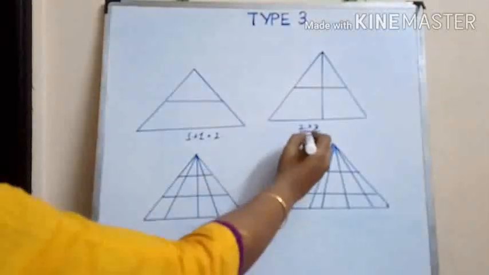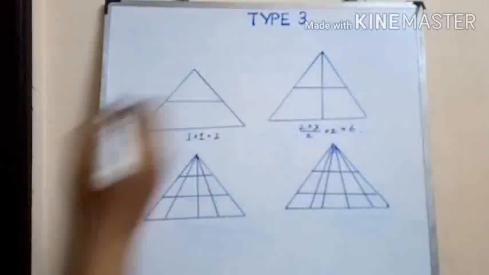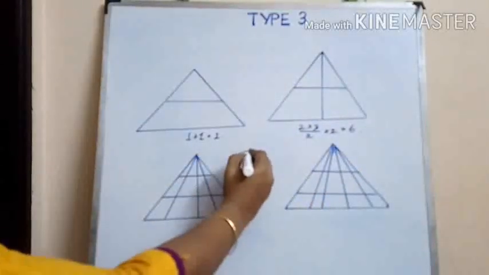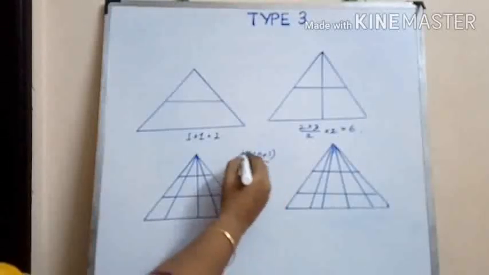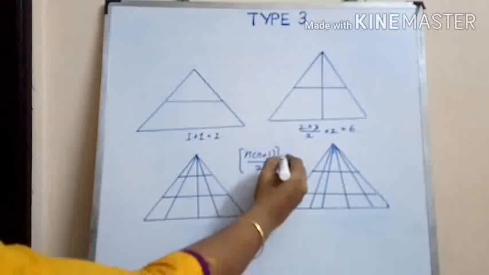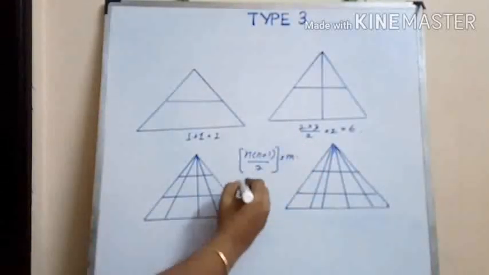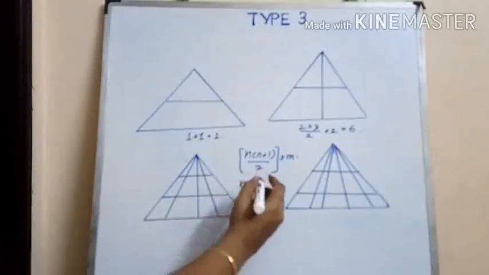So we will get 6 parts altogether. Use this formula n into n plus 1 by 2 into m, where n is the vertical part and m is the horizontal part.